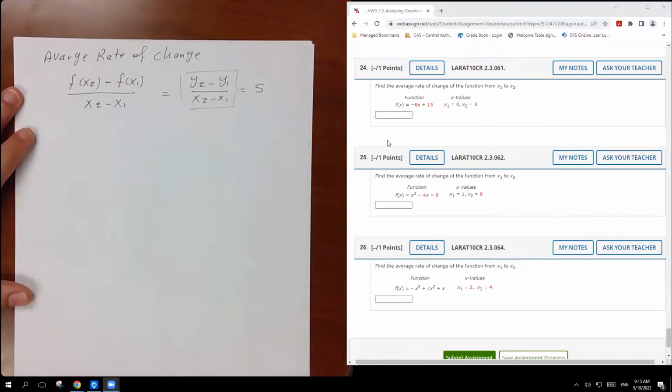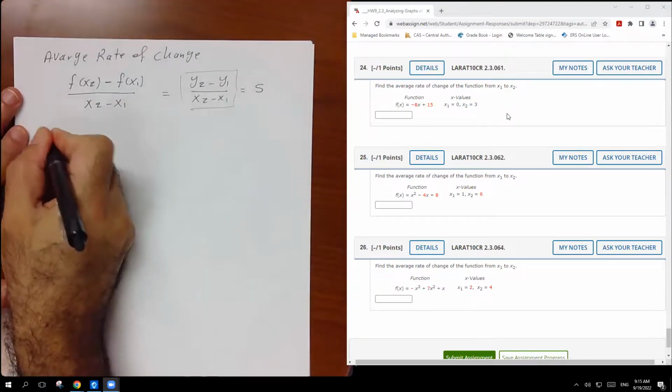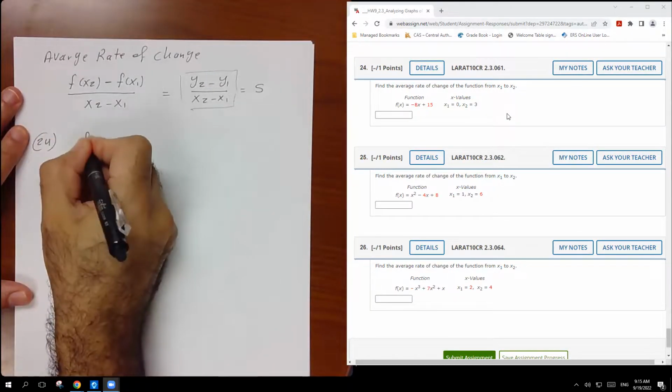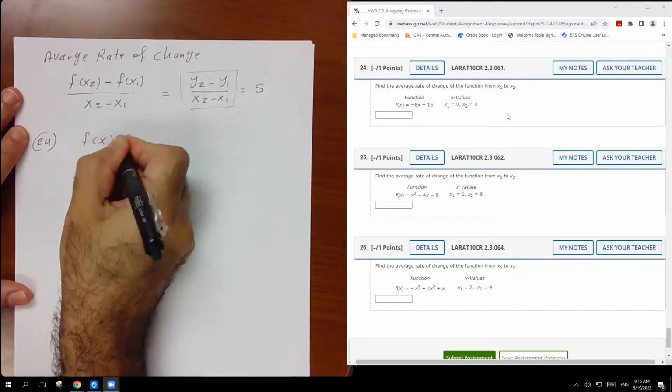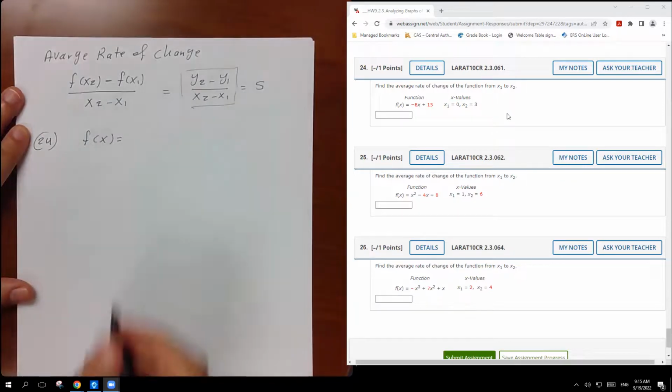If you check 24, 25, and 26, it's exactly the same example, but we have different functions and different x's. So for 24, we have the function f of x equal negative 8x plus 15.